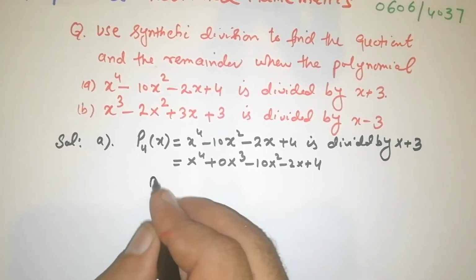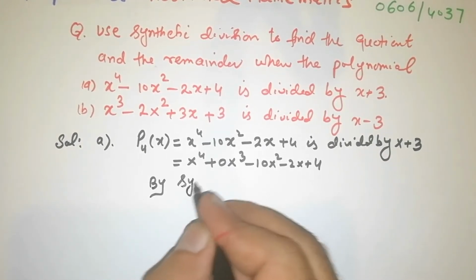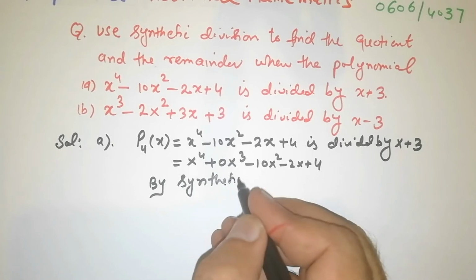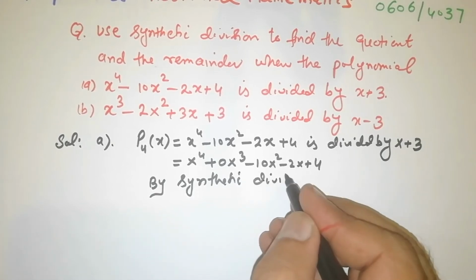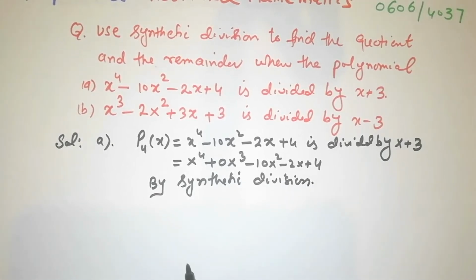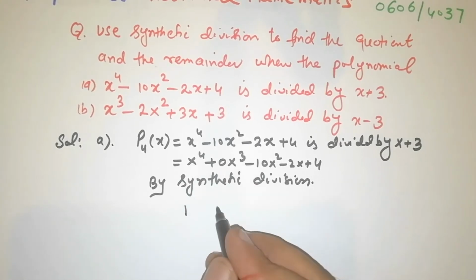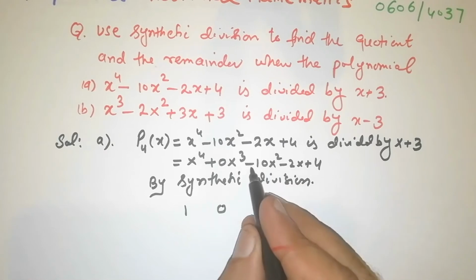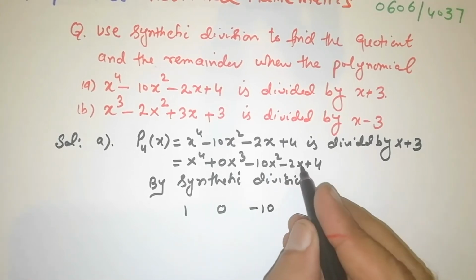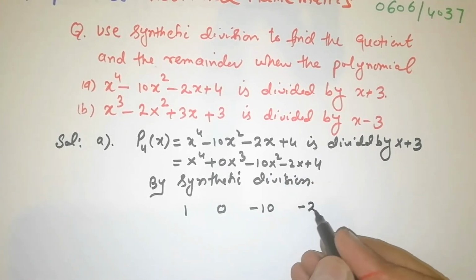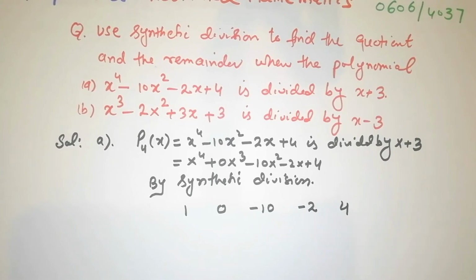By synthetic division, you see the coefficients: 1 is the x^4 coefficient, the x^3 coefficient is 0, the x^2 coefficient is minus 10, the coefficient of x is minus 2, and then at the end the constant term.